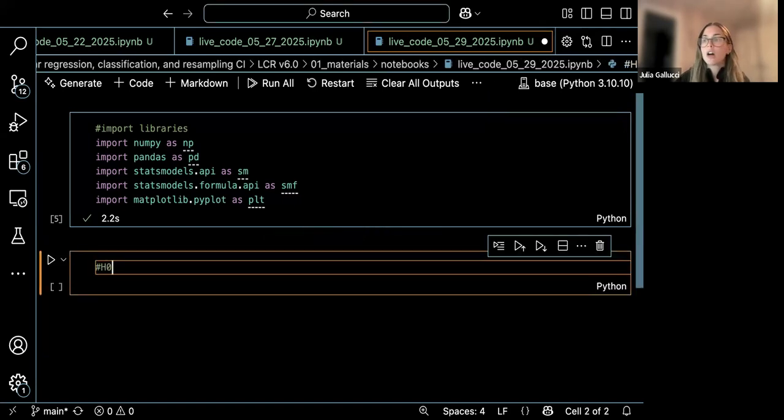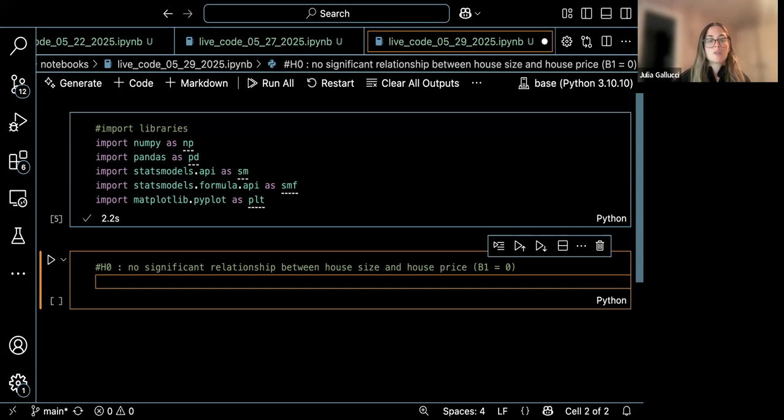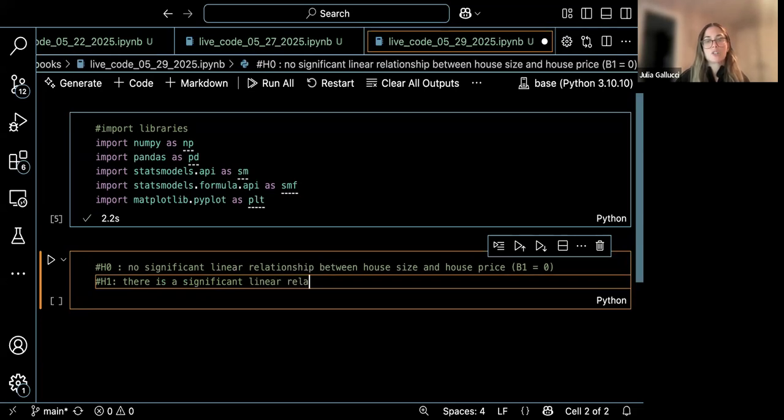So I'm going to define our null, which is no significant relationship between house size and house price. In other words, beta 1 is equal to 0. I'm also going to define our alternative hypothesis where there is a significant linear relationship between house size and house price.